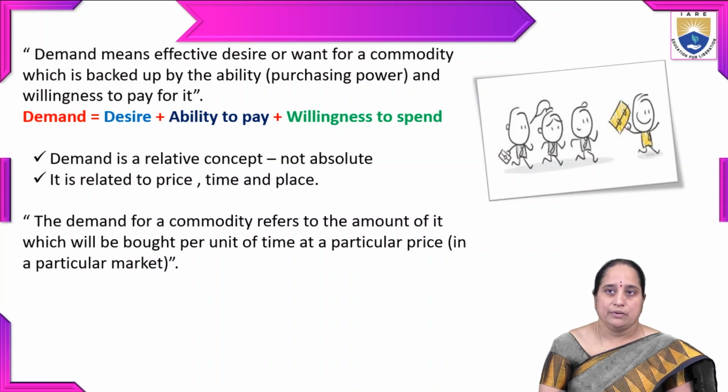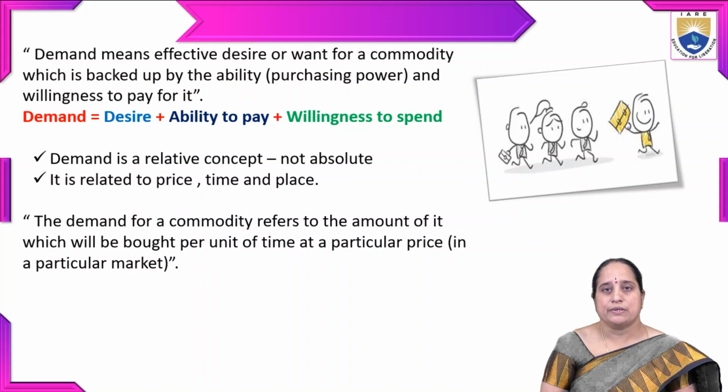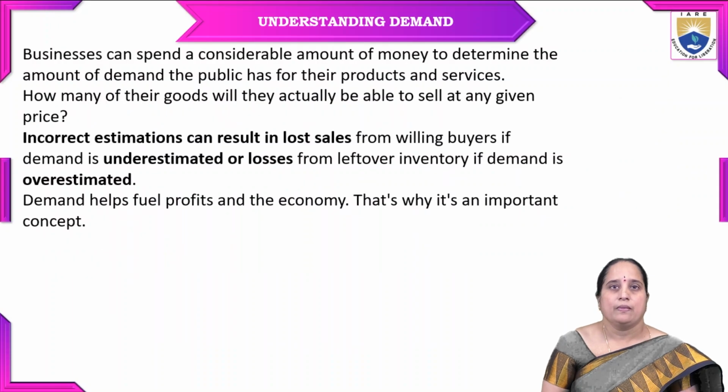For example, if you take the prices of gold in different markets, we have different prices, even though quality is the same. But the variation we can see in terms of time, in terms of price, in terms of place.